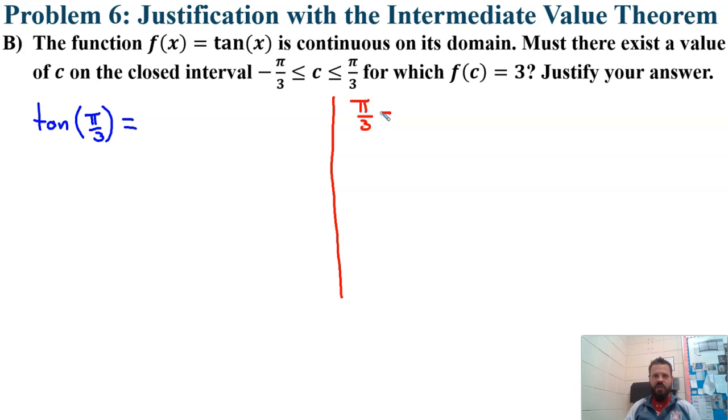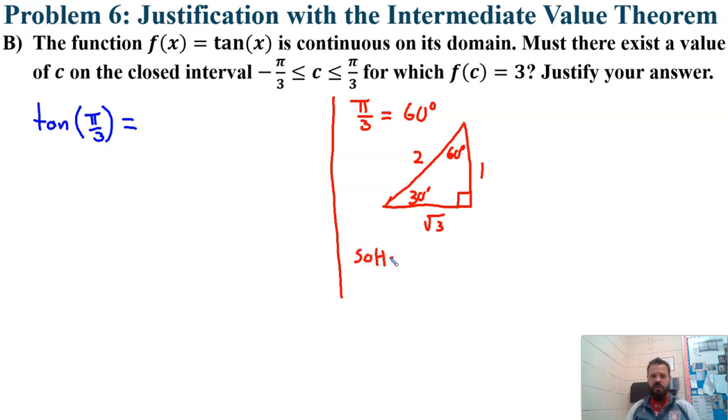Pi over 3 radians is going to be equal to 180 divided by 3, or 60 degrees. To evaluate that, we can use our 30, 60, 90 right triangle, with side lengths 1 across from the 30, root 3 across from the 60, and 2 as the hypotenuse.